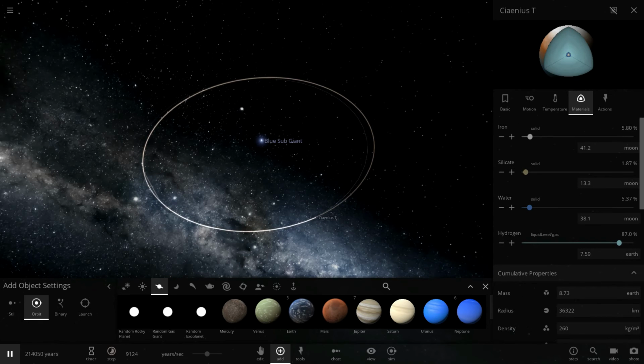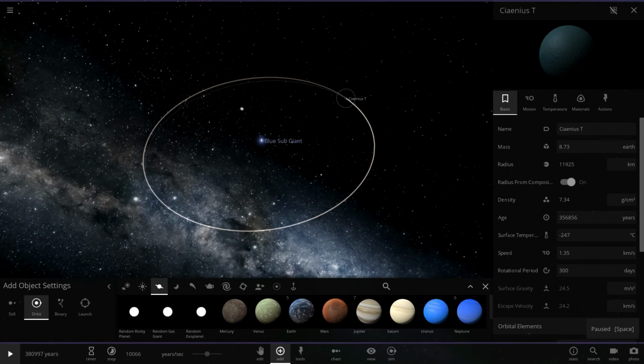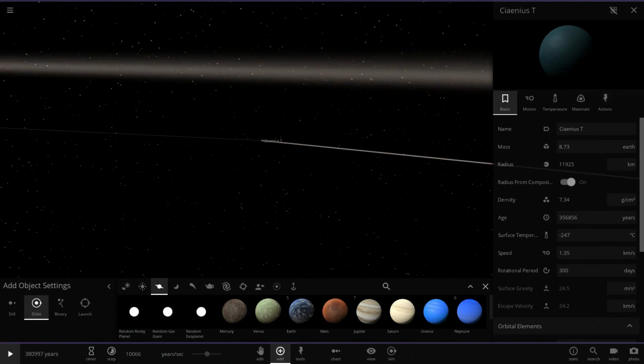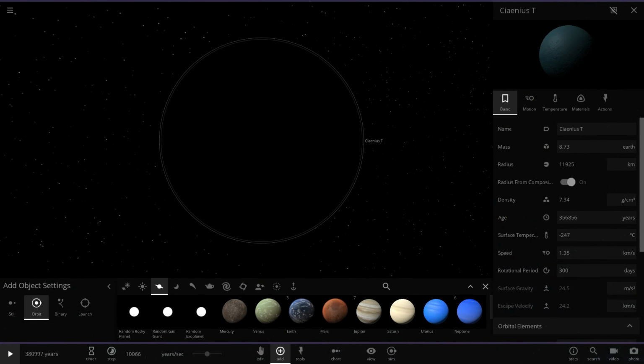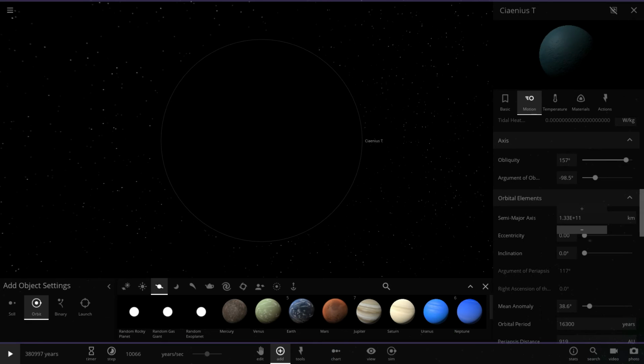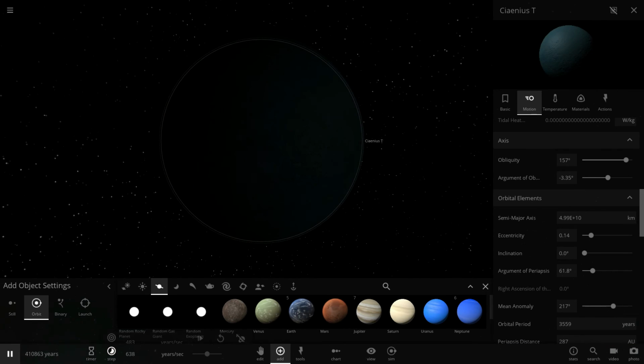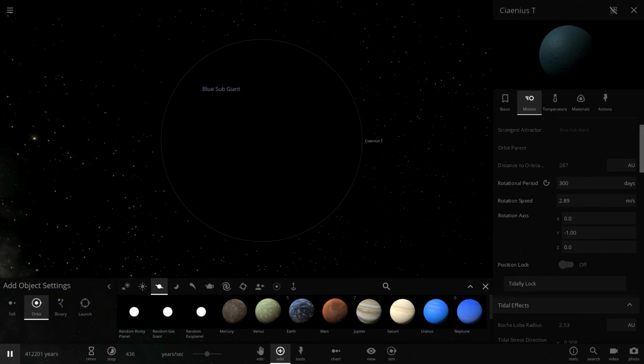So this gas giant will most likely lose all of its hydrogen, all of its gaseous atmosphere, and it will just leave the core behind, and the core will be absolutely scorched. We can't see it that well, so I have to move this closer. It will also probably be tidally locked as well.